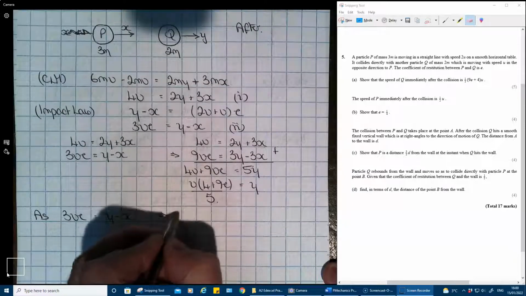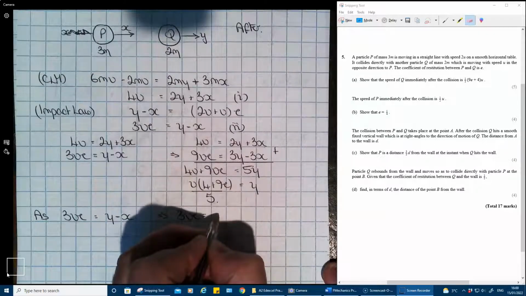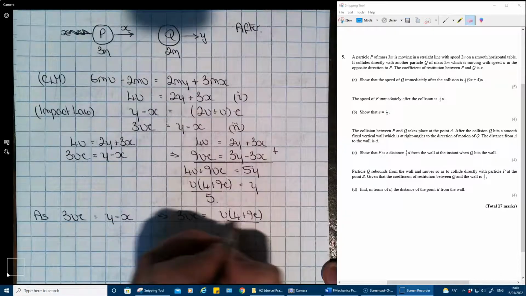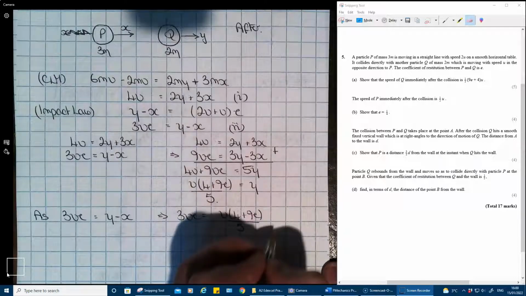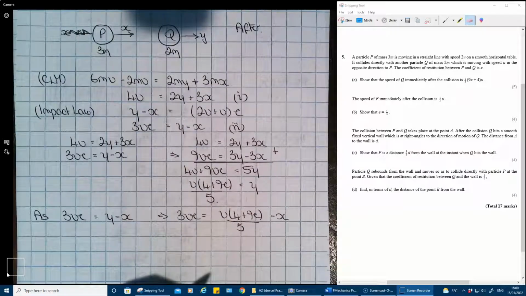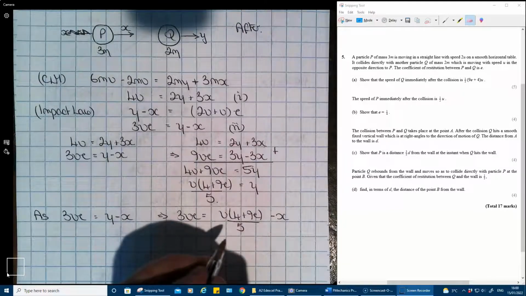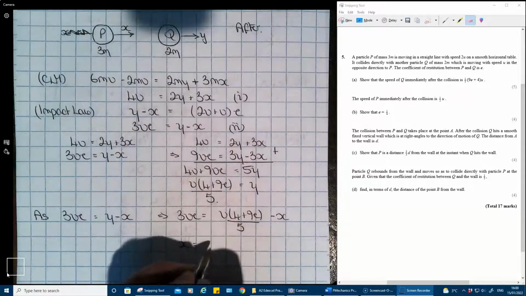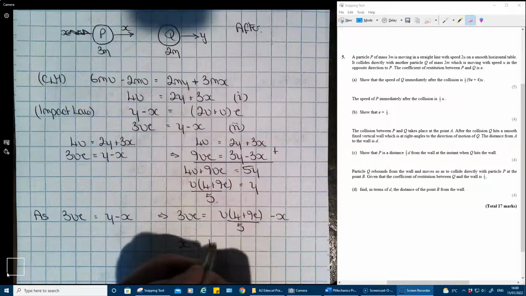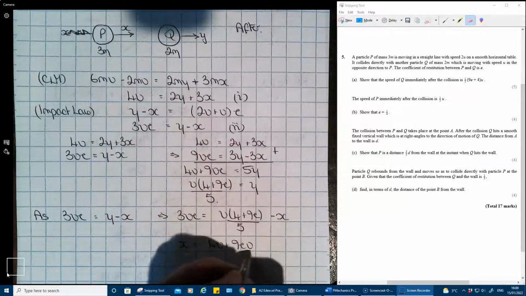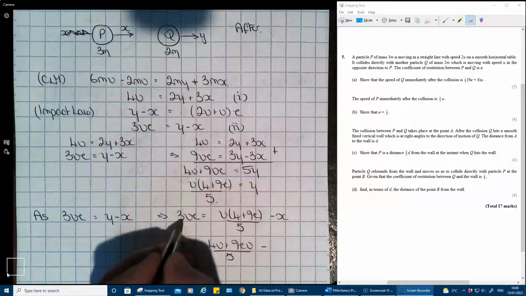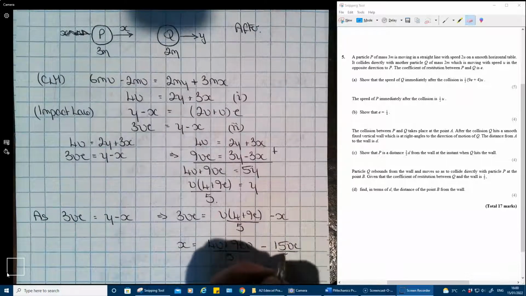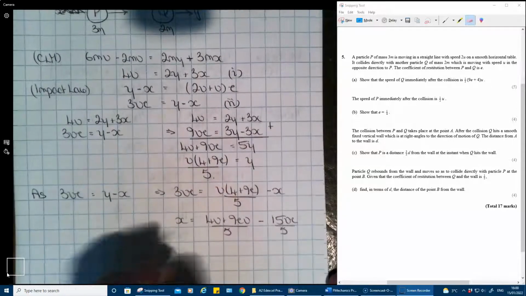So 3ue equals y, which is 4u plus 9eu over 5, minus x, and then I'm going to move the x that way and this way, so x equals 4u plus 9eu over 5, take away this, I'm going to write this as 15ue over 5.